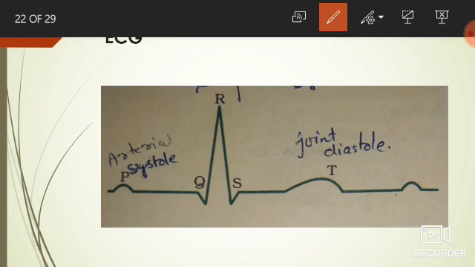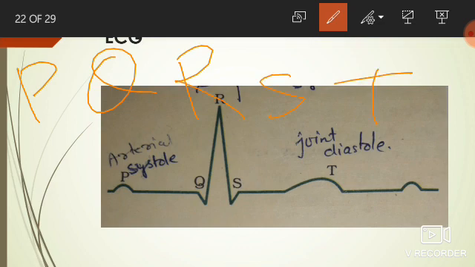I am repeating this. In ECG, P, Q, R, S and T waves can be divided as positive waves and negative waves.